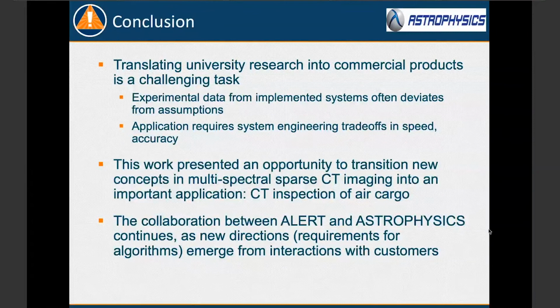Of course, we lost a little bit in speed or reconstruction time, but where that took us is much better images. Our continuing work with ALERT, whether NEU and BU, has led to faster reconstruction time than what you see here.